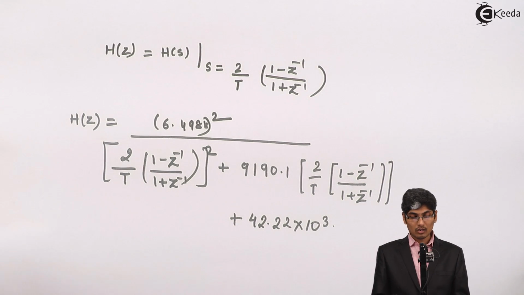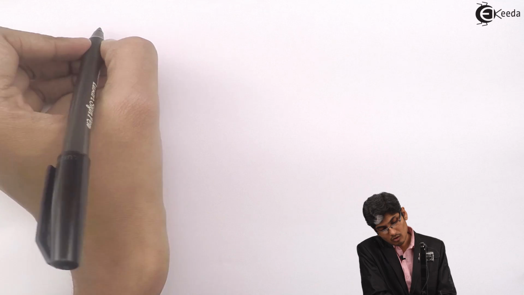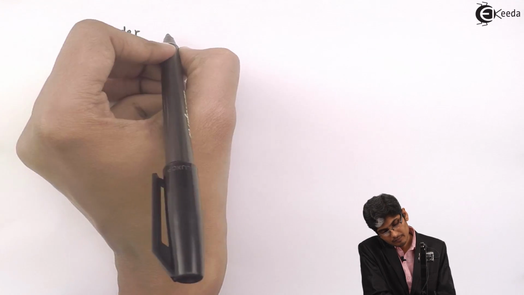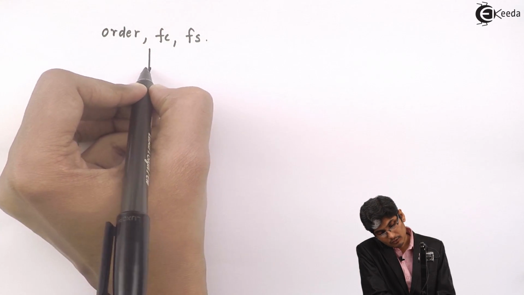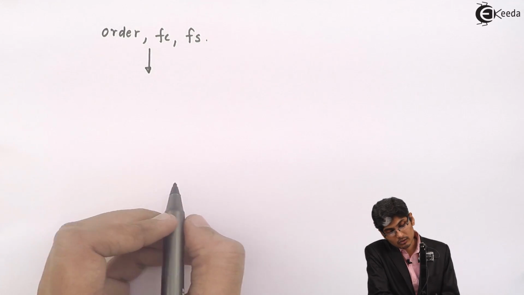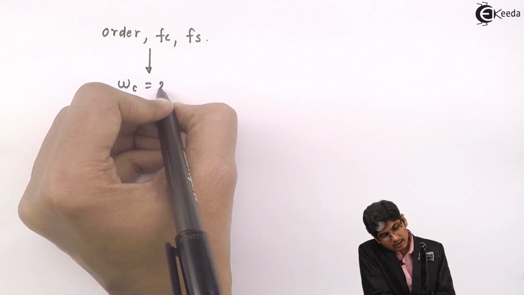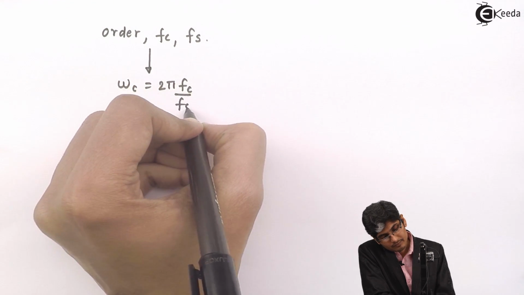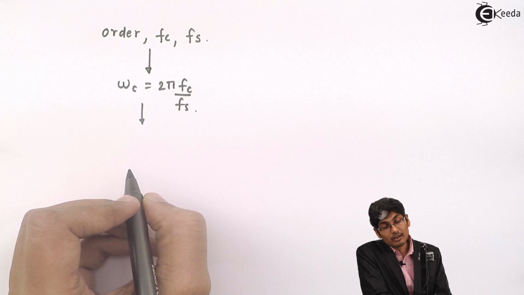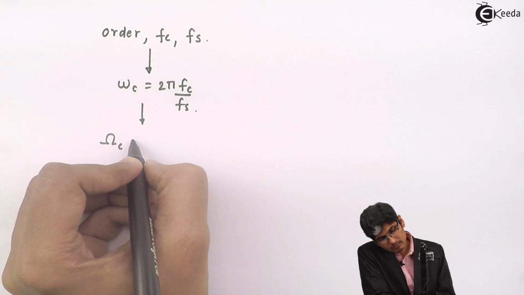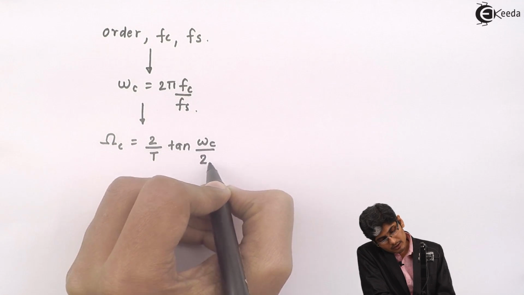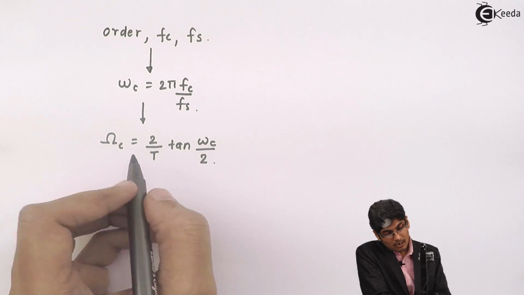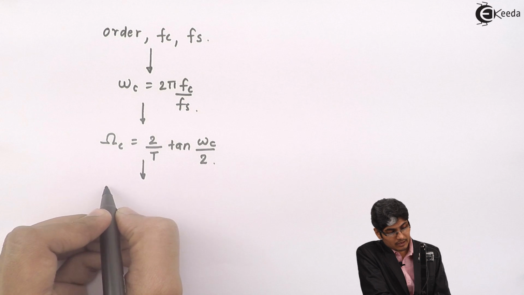So this is how we solve a problem. Just to summarize, we received the order, the cutoff frequency, and the sampling frequency. Out of these given parameters, we calculated omega c, which is nothing but 2 pi fc by fs. After that, we calculated capital omega c as 2 by T tan of omega c by 2. After getting omega c, we calculated the poles.